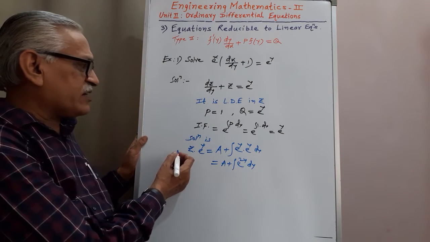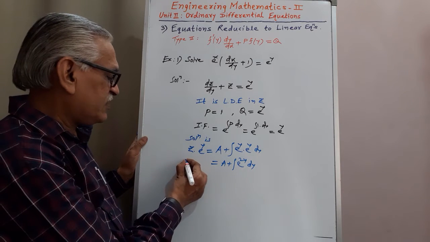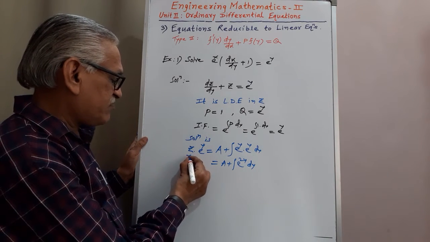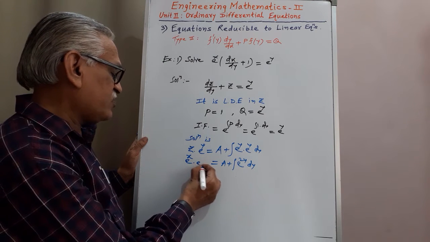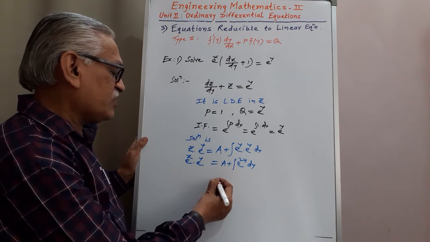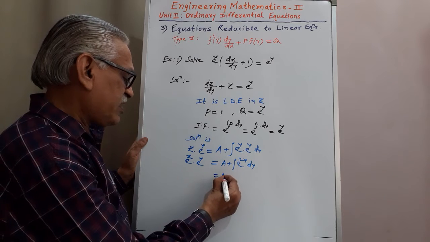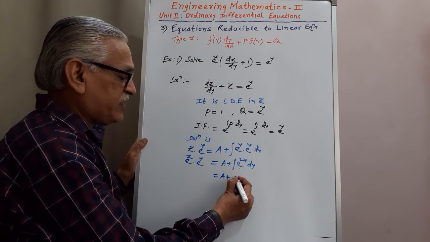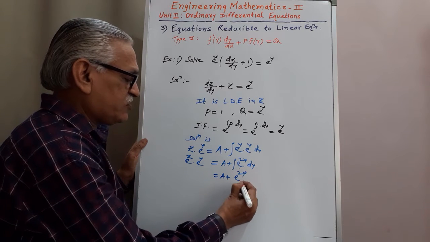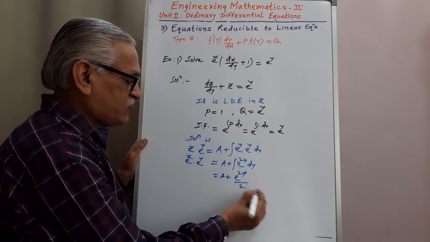Substitute the value of z as e raised to x. Therefore e raised to x into e raised to y is equal to a plus, integrating with respect to y, we get e raised to 2y divided by 2.